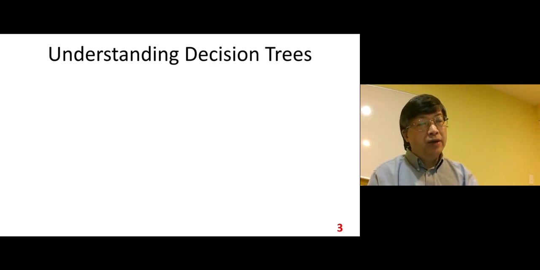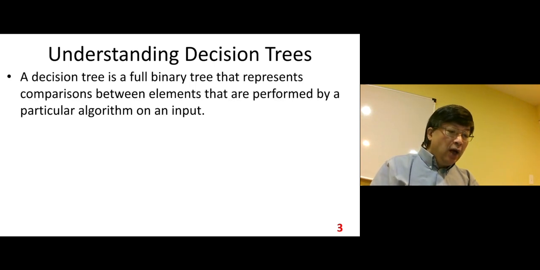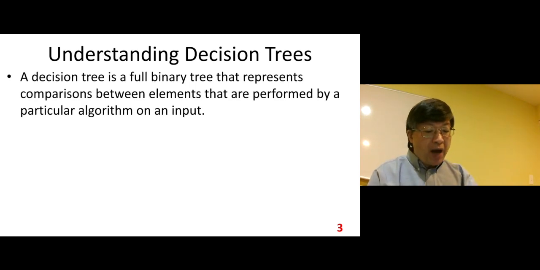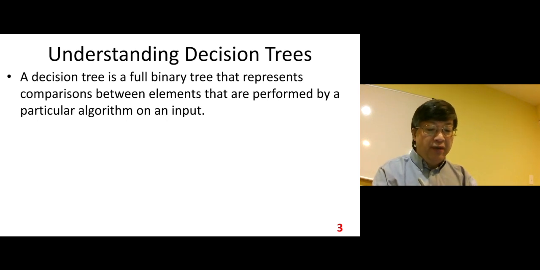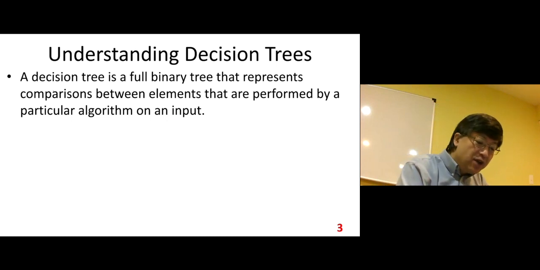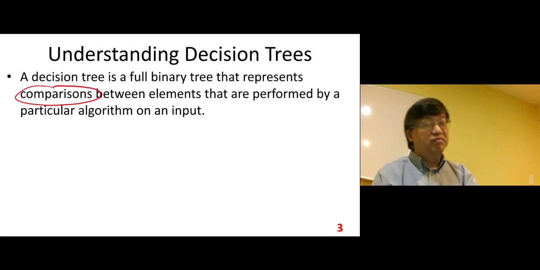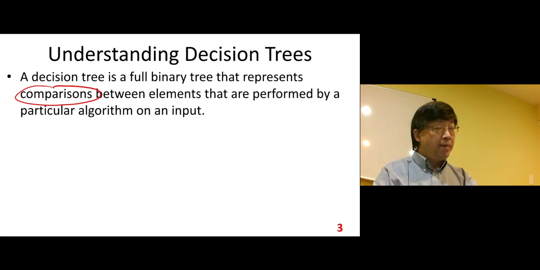In order to do that, we need to know the main properties of decision trees. A decision tree is a full binary tree that represents comparisons between elements that are performed by a particular algorithm on an input. So here you can see we emphasize the operation, comparisons. And also from this sentence, we do not mention sort, right?